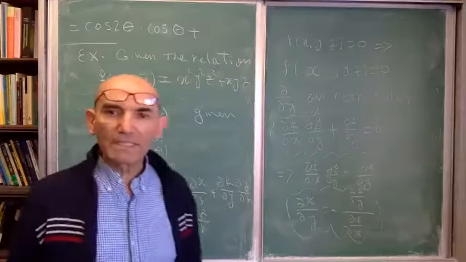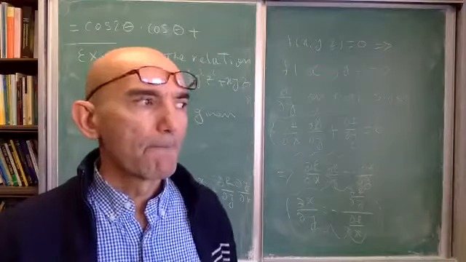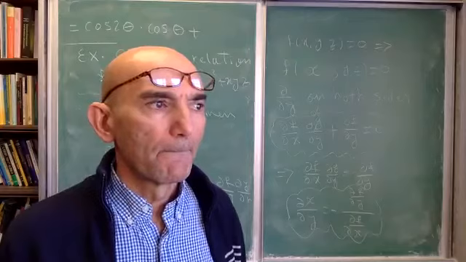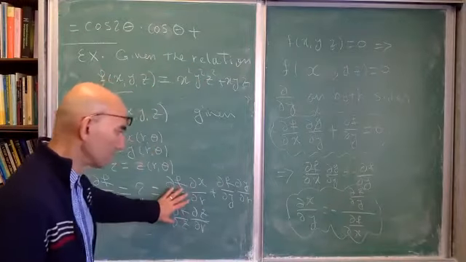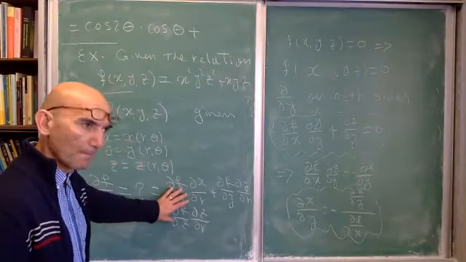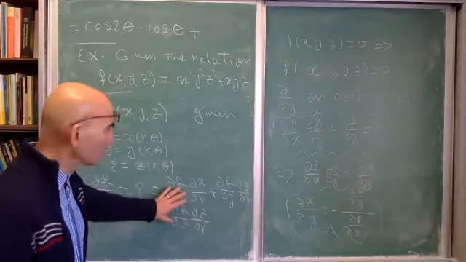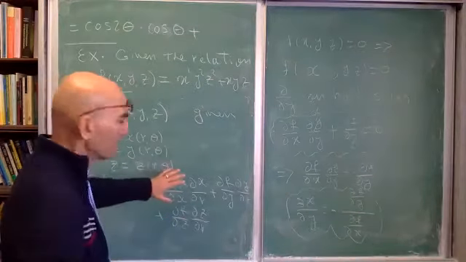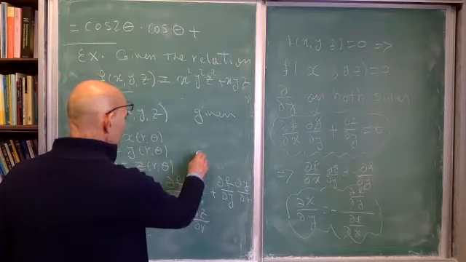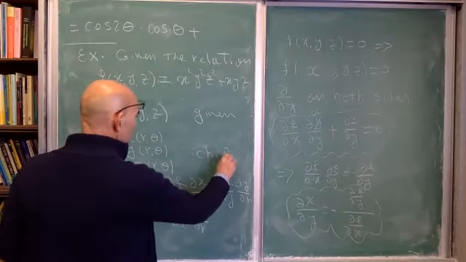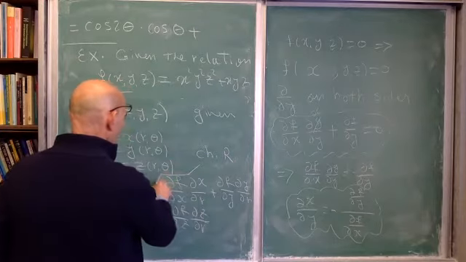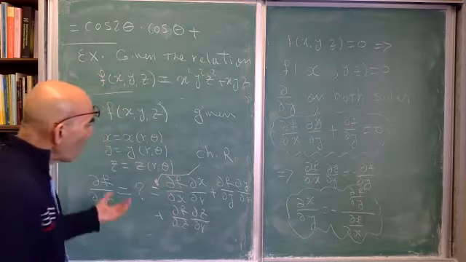Are you happy with this so far? Yep, makes sense. So that's a general rule, right? That's what we discussed in the first example. This is chain rule. All right.